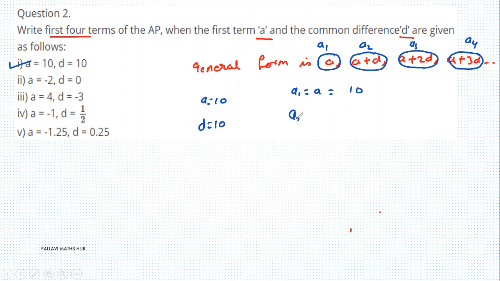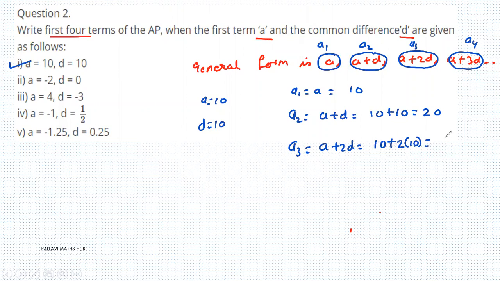Next, find out a2. a2 is equal to a plus d. a is 10 plus d is 10, which is equal to 20. Now find out a3, a plus 2d. 10 plus 2 into 10, which is 2 tens are 20, 20 plus 10 is 30.